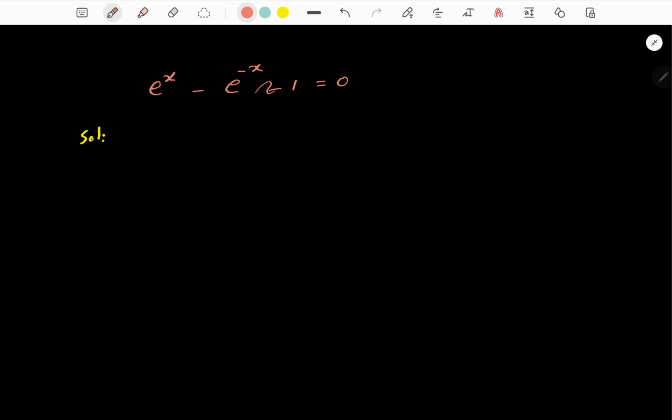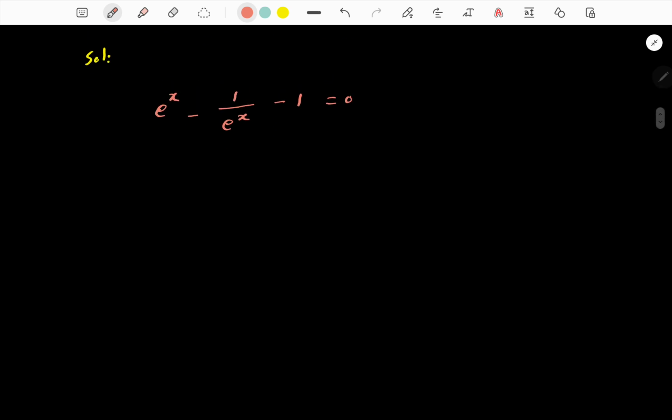We can write this given equation as e power x minus, since the exponent in this term is negative, we can write it as 1 over e power x, minus 1, that is equal to 0.